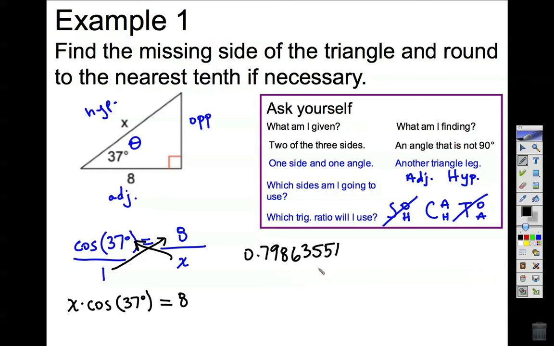Because this is what cosine of 37 degrees approximates to, and that is equal to 8. It's easier to see in this step than this step in terms of what you need to do in order to solve for x. And by easier, I mean for most students. A lot of students have difficulty understanding this multiplication, and you need to divide both sides by cosine of 37 degrees.